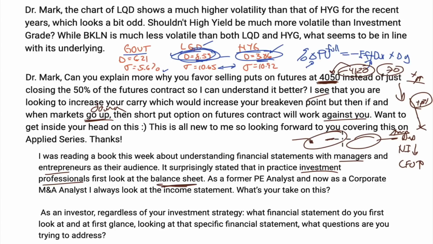For the investor, again, it really depends on what you're investing in, how familiar you are with the company, the type of assets it has. If you're looking at financial-based companies, like banks or mortgage REITs, you pretty much have to start with the balance sheet, I think.